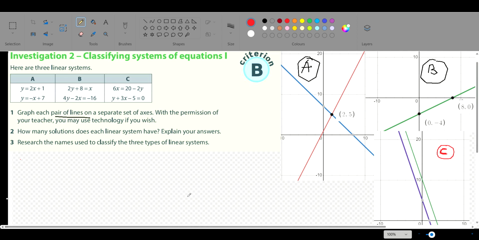Okay. Research the names used to classify the three types of linear systems. So you're going to do the research.